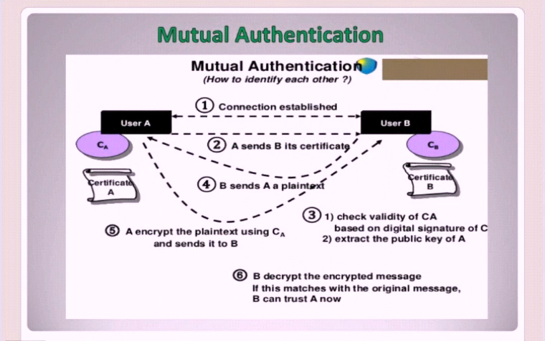If it does, B can trust A. Next, the same operations now happen in reverse. That means steps 2, 3, 4 and 5 happen in reverse order. That means B sends A its certificate and A validates B's certificate and sends a challenge message to be encrypted. Likewise, the connection is established with the mutual authentication process.